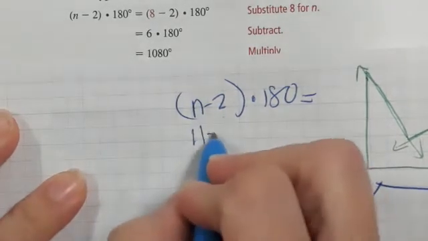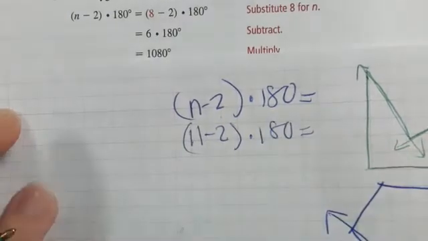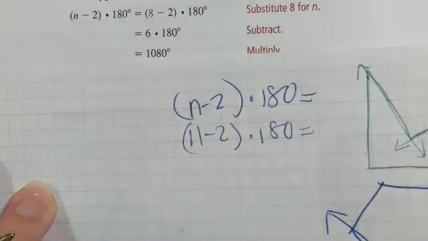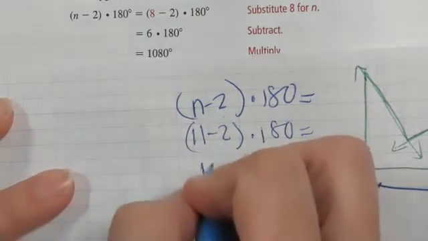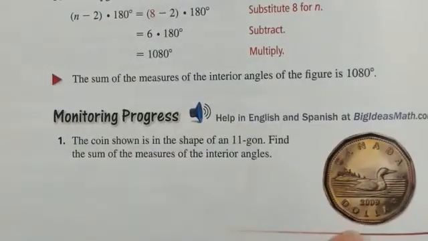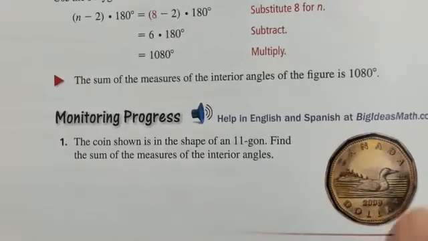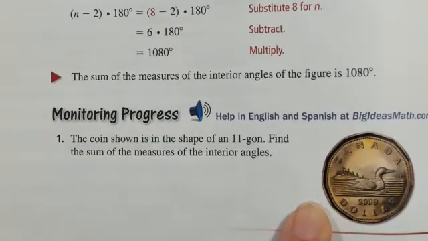We know n is 11, so 11 minus 2 times 180. So we're saying 9 times 180, and that is 1,620 degrees total.